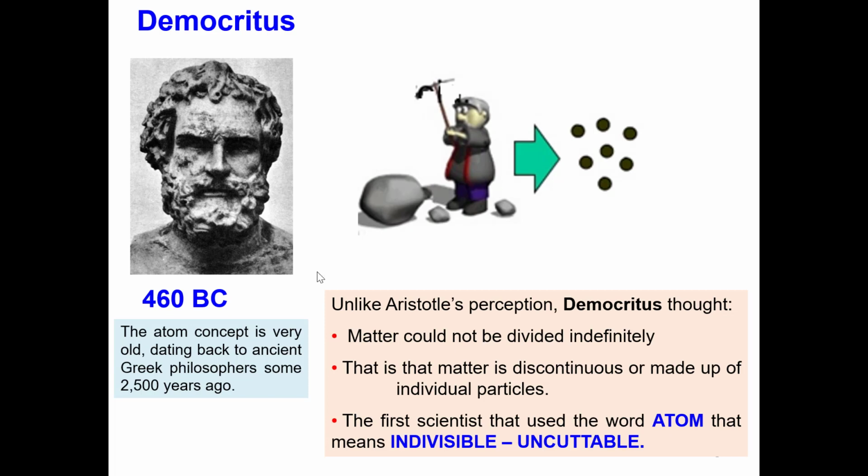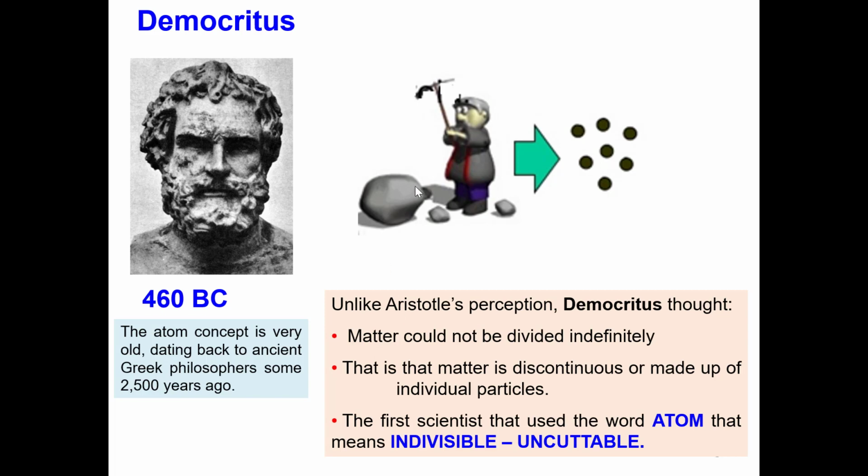The concept of atom is very old, dating back to ancient Greek philosophers about 2,500 years ago. Democritus proposed in 460 before Christ that matter could not be divided indefinitely.